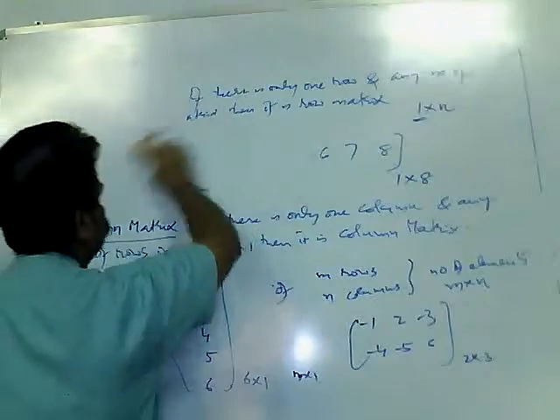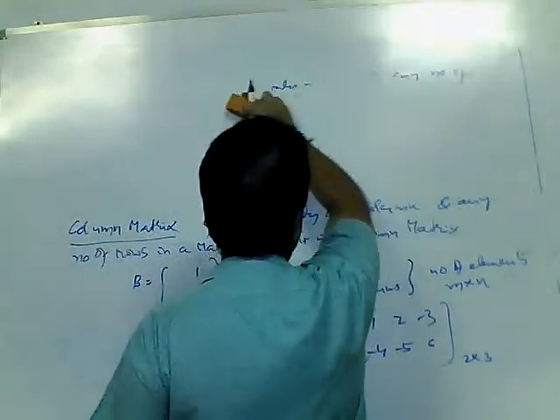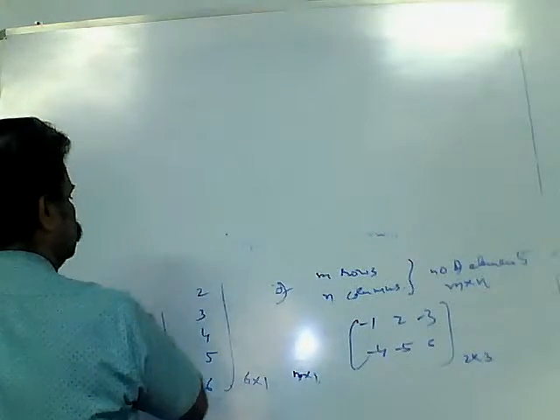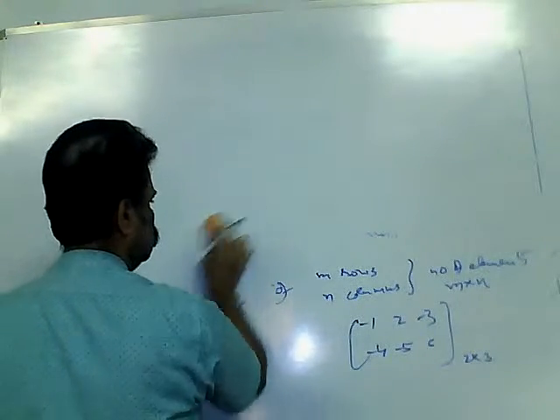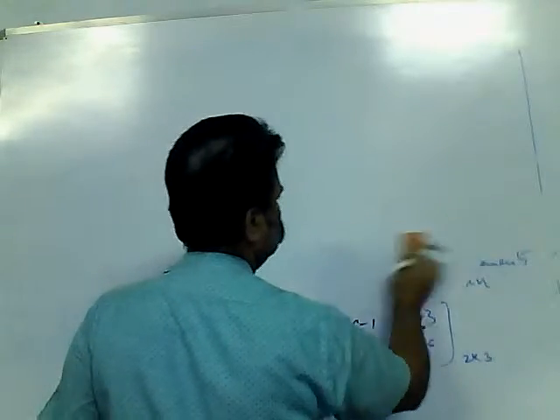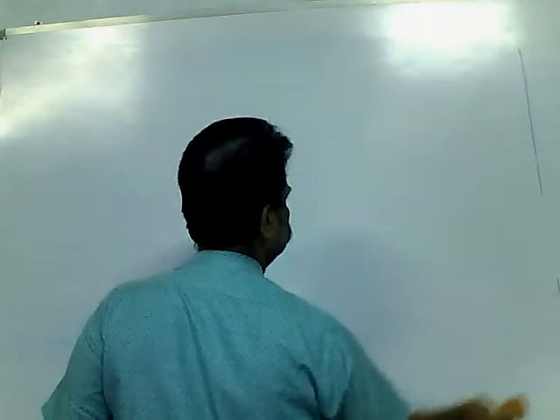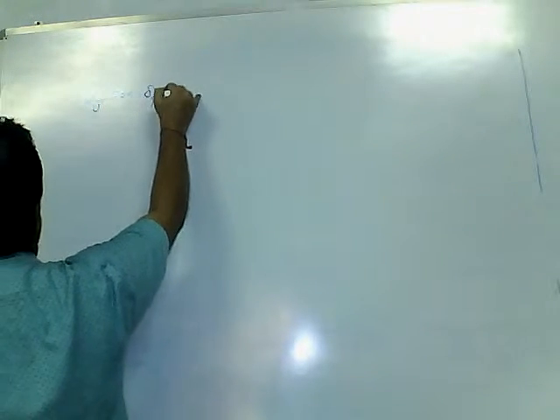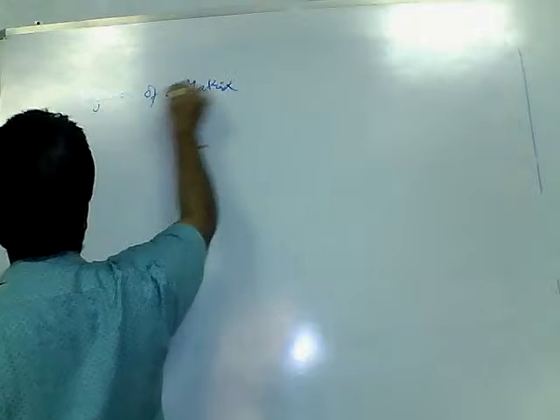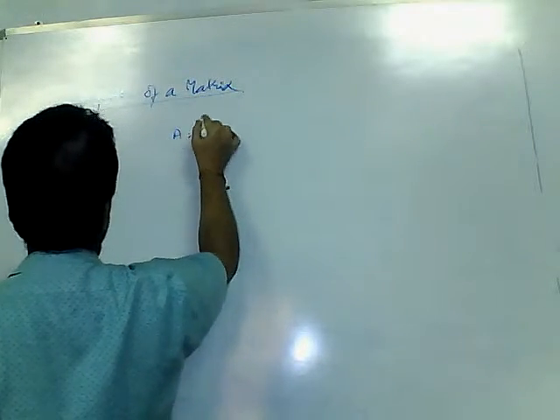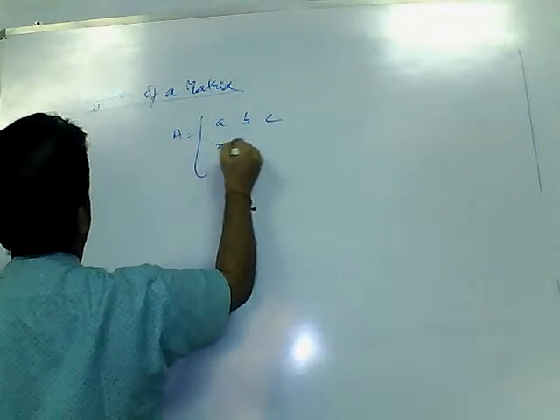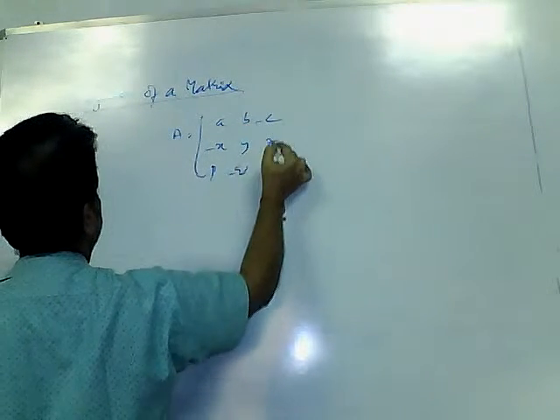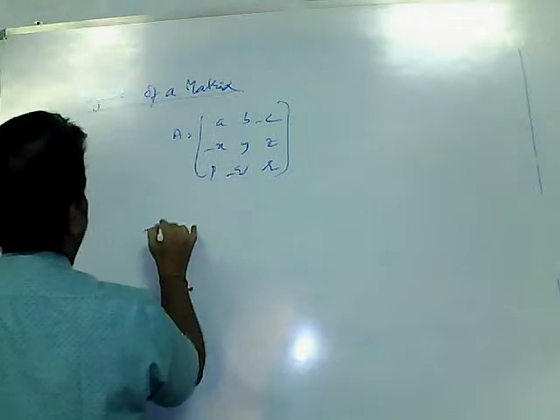Next, negative of a matrix. Suppose I take A is equal to some a, b, c, x, y, z, p, q, r, or minus x, minus c, minus q, like this. What is minus A?